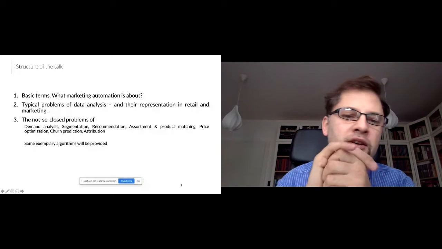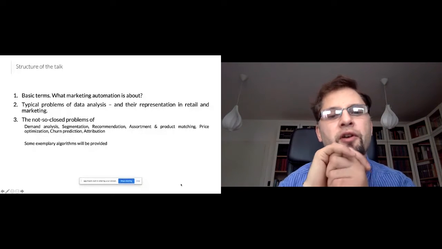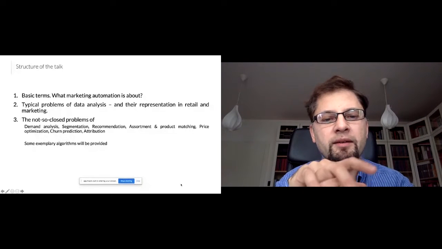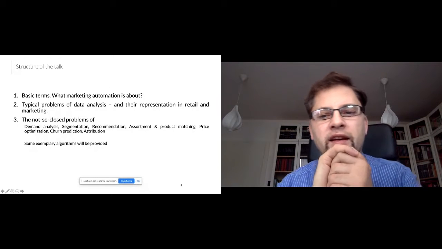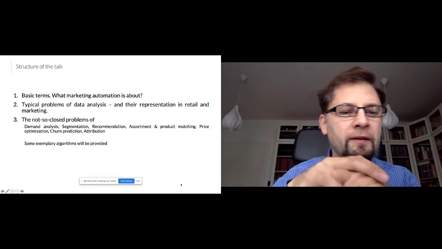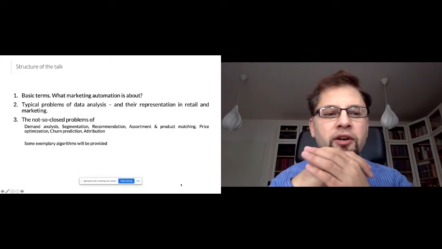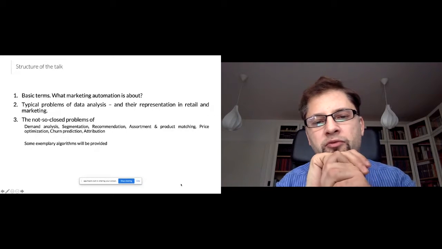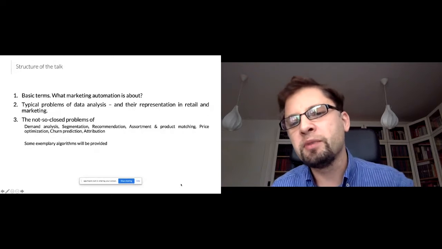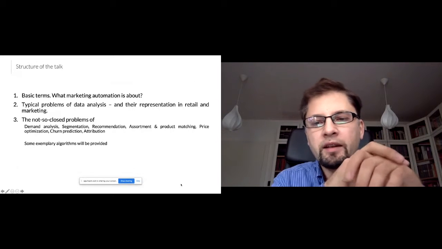Of course, we have some solutions which are very promising. But I see a lot of interesting areas still open to explore. So we'll talk about demand analysis, segmentation, recommendation, assortment, and product matching.